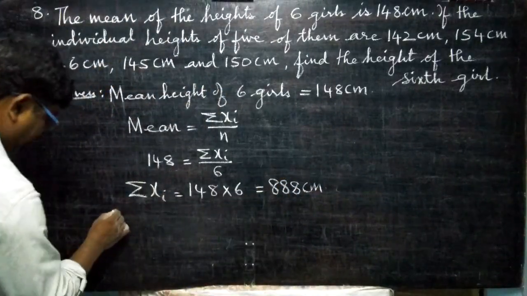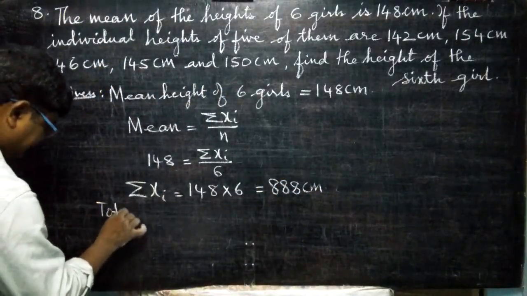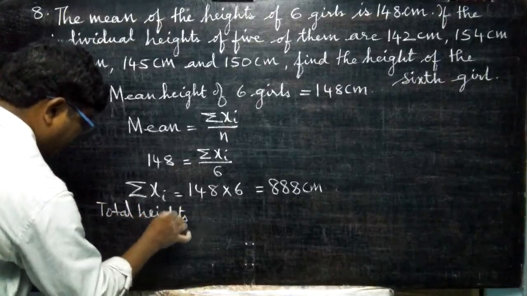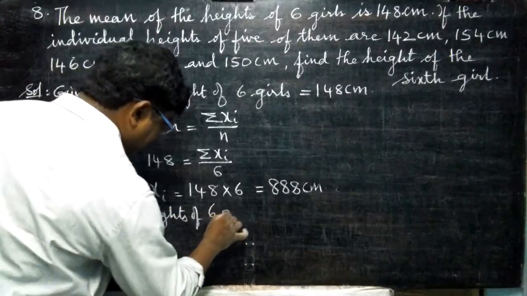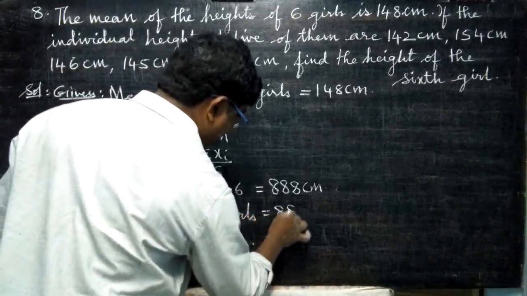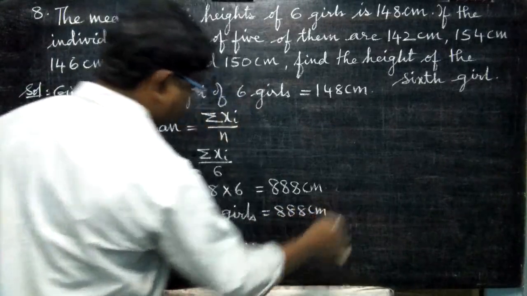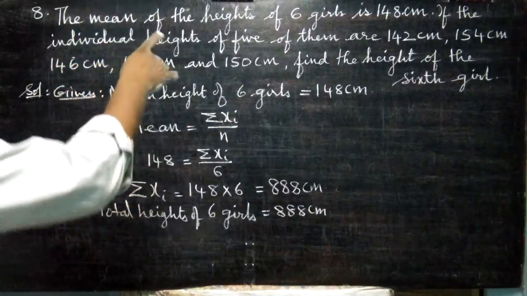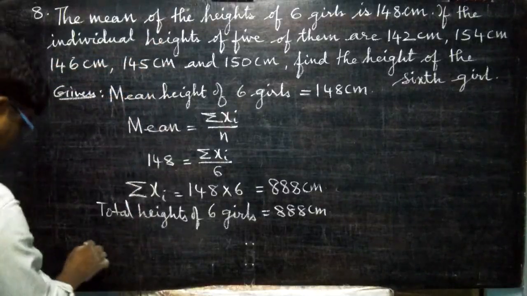What is this one? Total heights of 6 girls is equal to 888 centimeters.